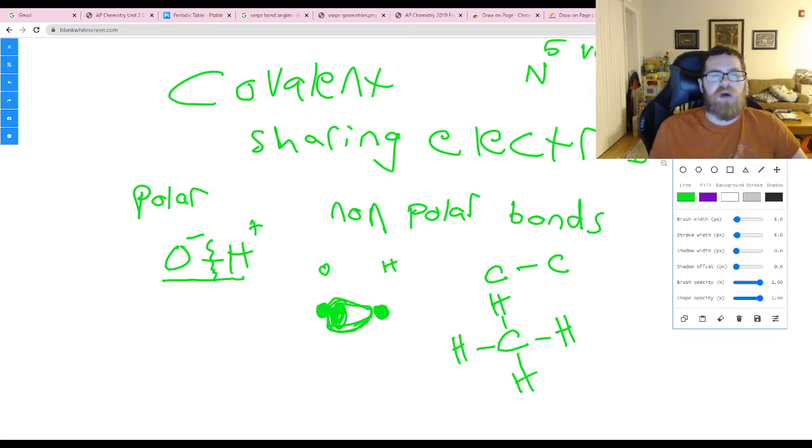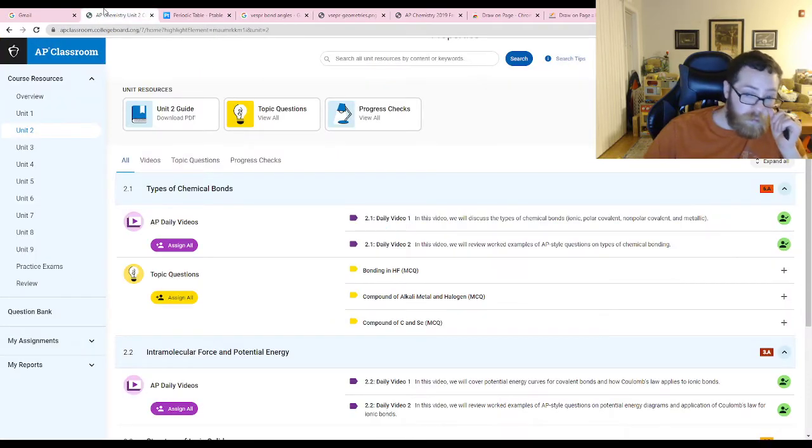These can also then lead into polar and non-polar molecules, which I'll talk more about when we get into our portion with molecules and structures. So take a break from this. Let's look at what else we can talk about with our types of chemical bonds.